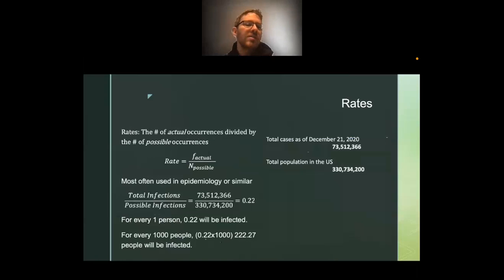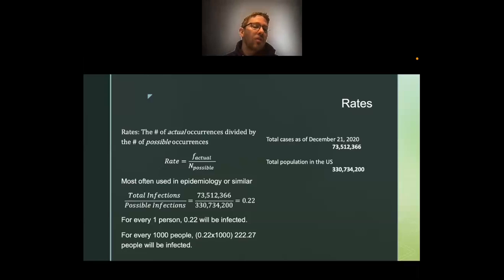Rates. This is often used in epidemiology, but it's the number of actual occurrences of a situation or an event divided by the number of possible occurrences. The reason this is often used in epidemiology is because the total population is the possible infections, right? So if we're thinking about the entire US during COVID, we would think the possible infections would be every single person.